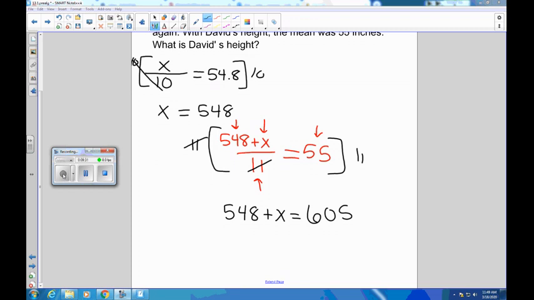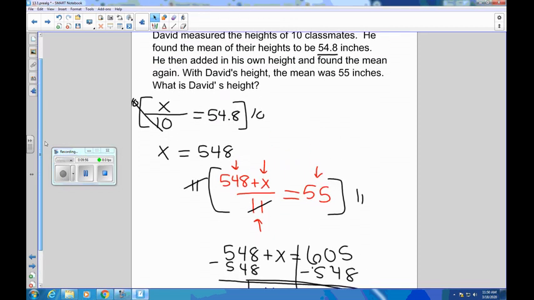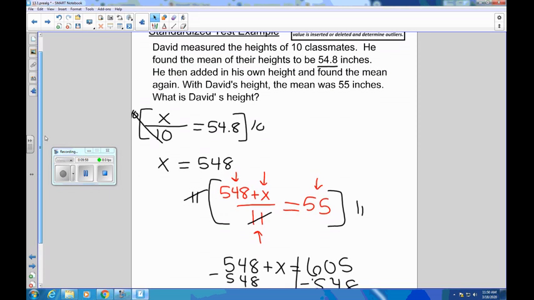Now to solve for x, I'm going to subtract 548 from both sides. Sorry, that's hard to read. And I get x equals 57 inches, which tells me that David's height is 57 inches.